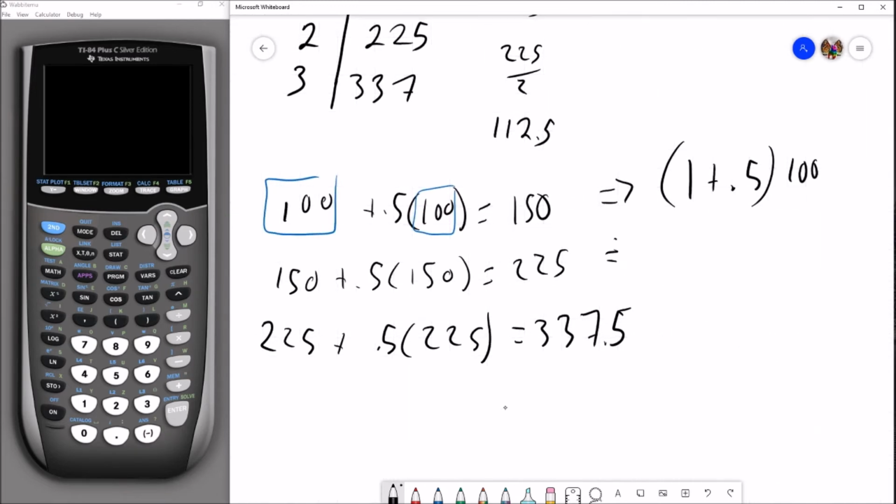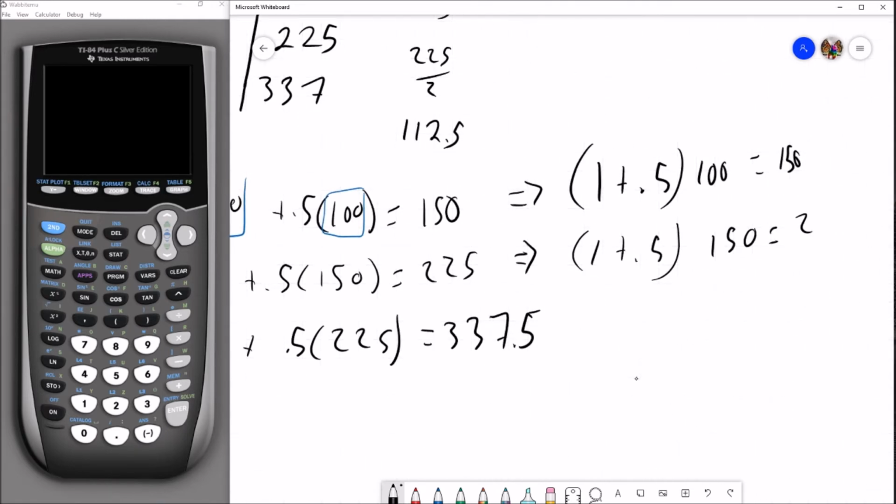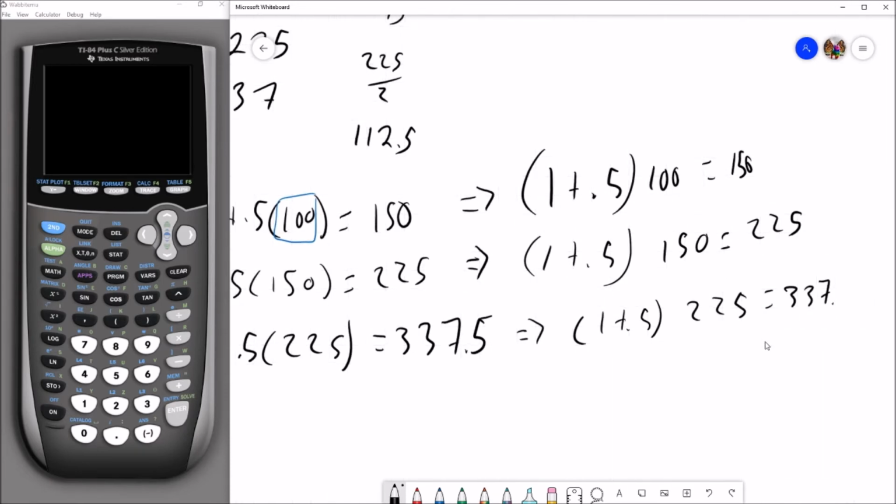Similarly, we have a whole plus a half copy, so we can think of this as 1 plus a half times 150. So this was equal to 150, this was equal to 225. We can do something similar here. 1 plus a half times 225 must equal 337.5.